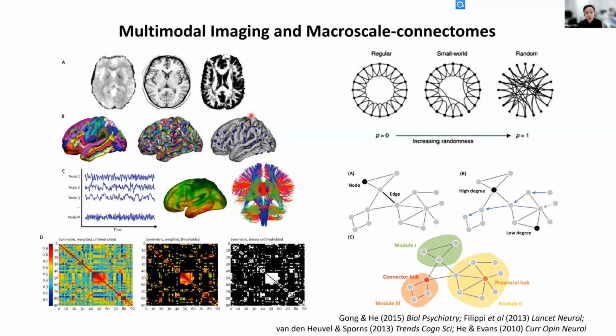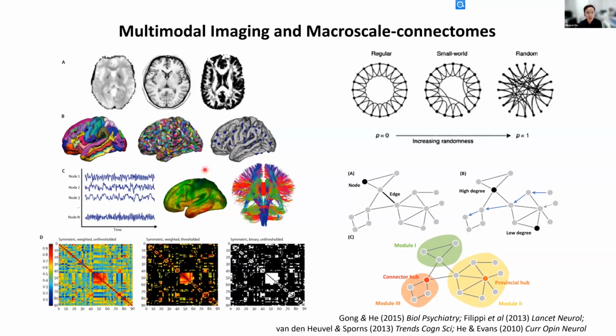With different modalities of MRI data, for example resting state fMRI data and structural or diffusion MRI data, we can extract different information from the brain, such as brain activities, structural morphologies, or white matter fiber tracks between different brain regions.